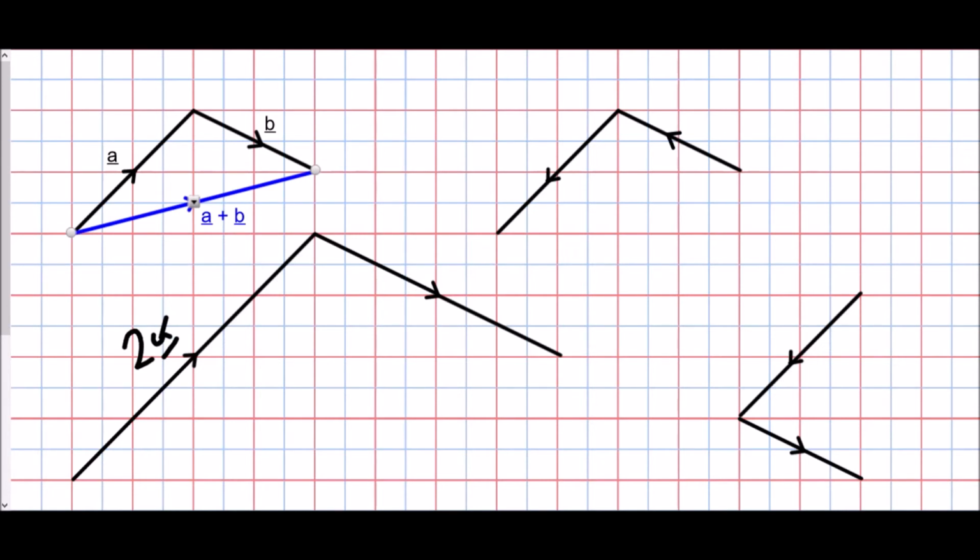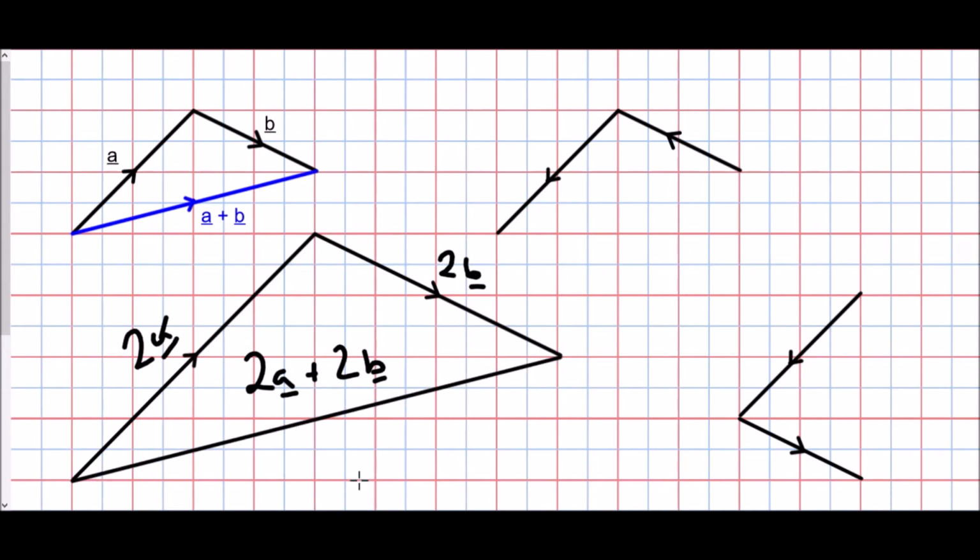And then this B, well, that is twice the length of B, and so that is 2B. And so in total, that is 2A plus 2B.